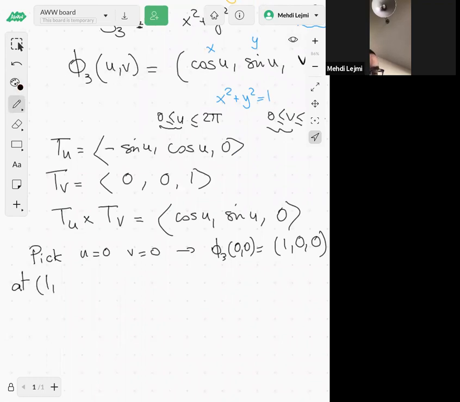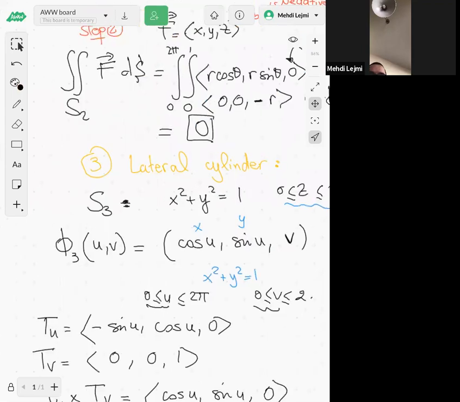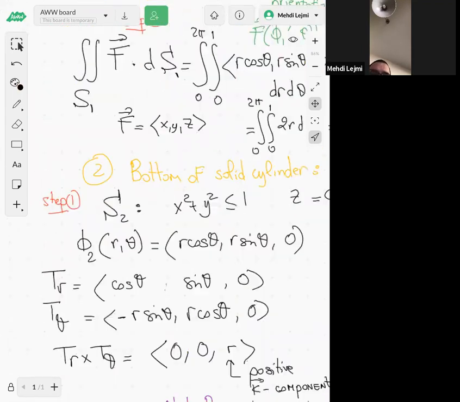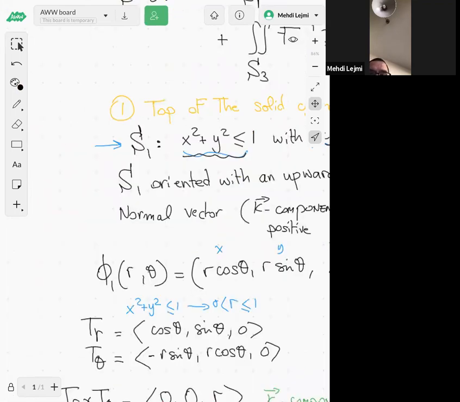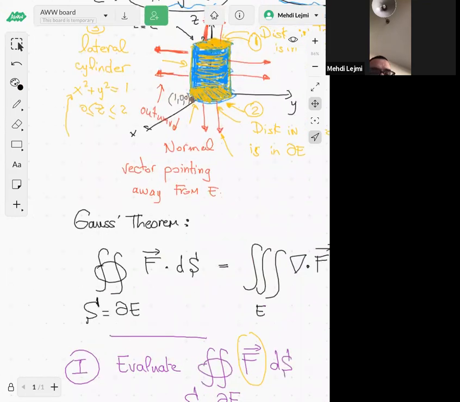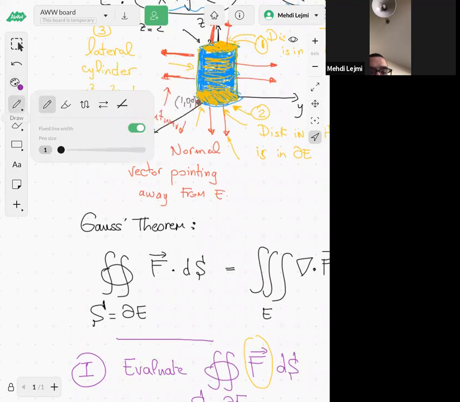At 1, 0, 0, u is 0 and v is 0. That's how we got this point 1, 0, 0, right? So tu cross tv is cosine of 0, which is 1, sine of 0, which is 0, and then 0. It's the vector 1, 0, 0, and the vector 1, 0, 0 at the point 1, 0, 0 is an outward pointing normal vector.